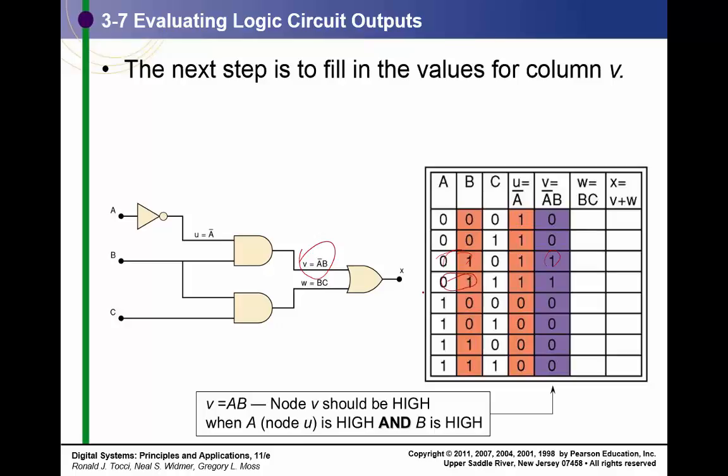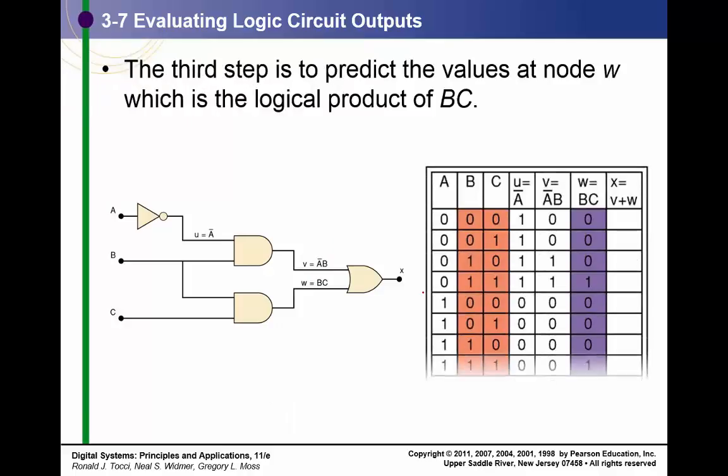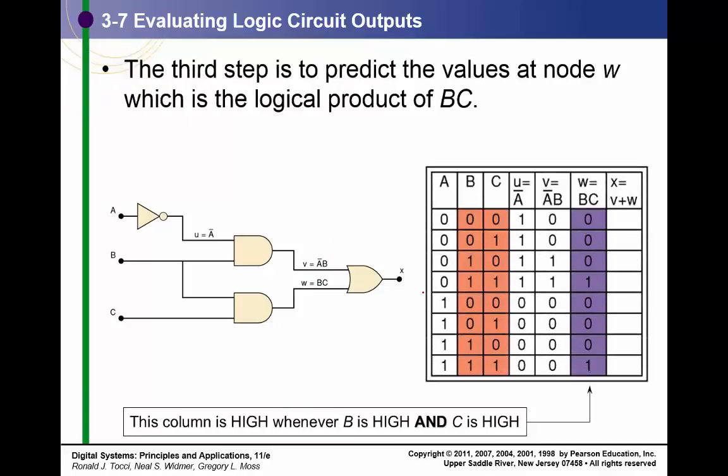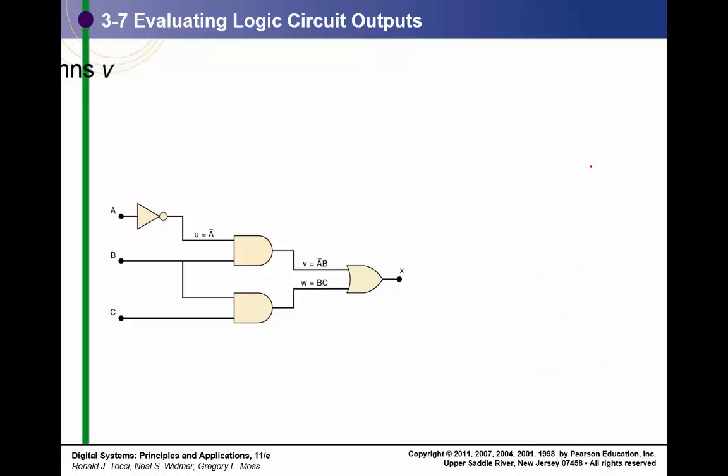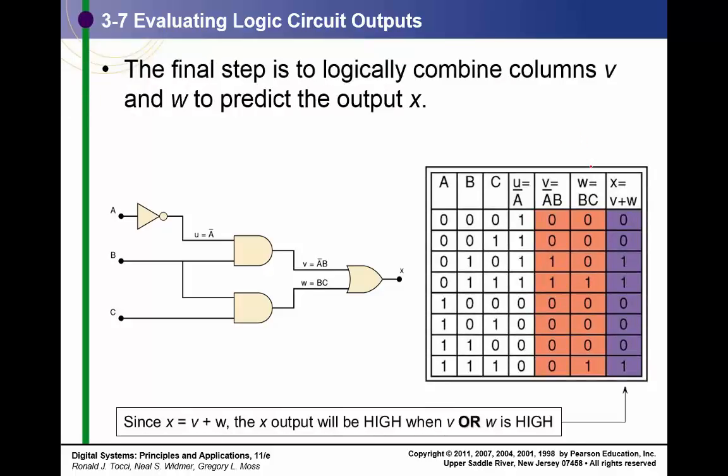And then we go through and we do the W, and that's just BC. Again, we're looking at these two inputs, the only place where the two of those are high. And then the last one is we're going to OR these two columns, and we'll see that's high here, here, and here.